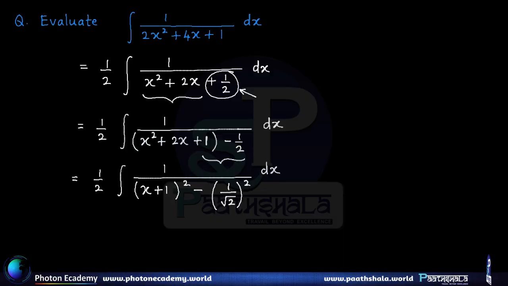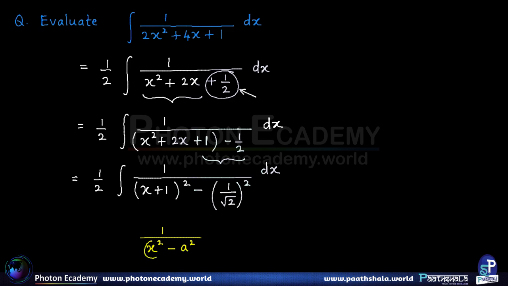So if you observe, we have got the integral of the form 1 upon x square minus a square, where as we have seen previously x can be any linear expression in x also, okay? Still the standard result is equally applicable, alright?